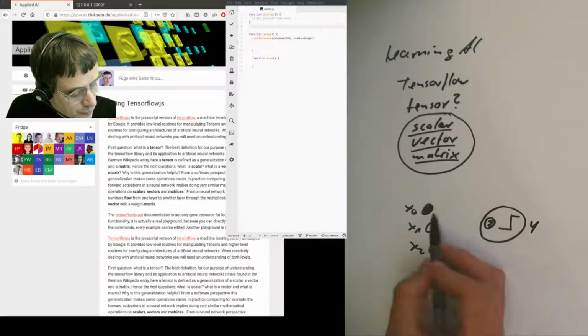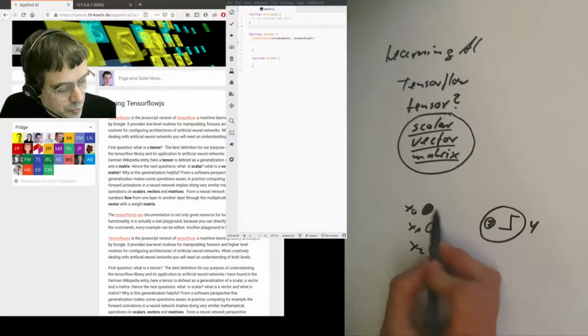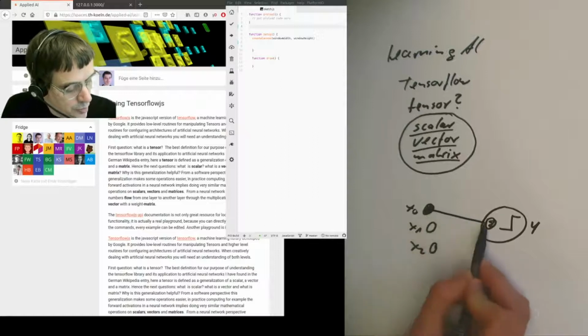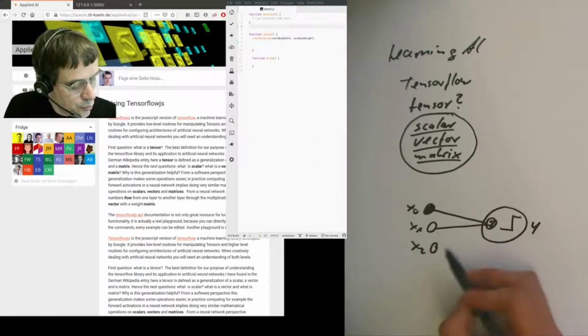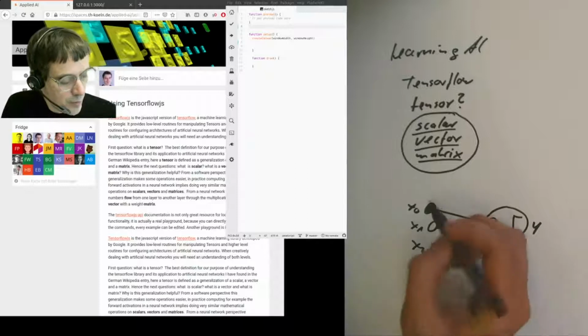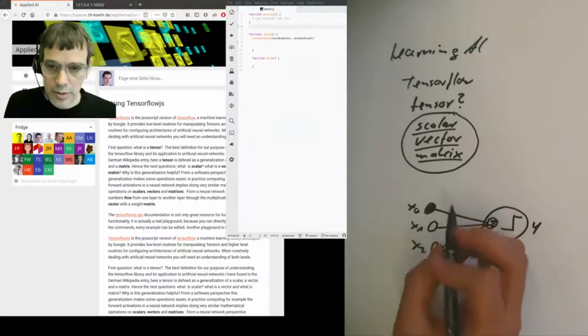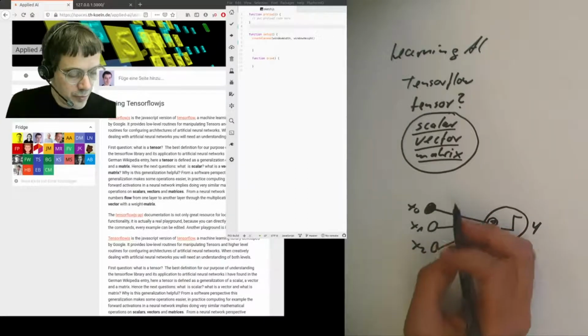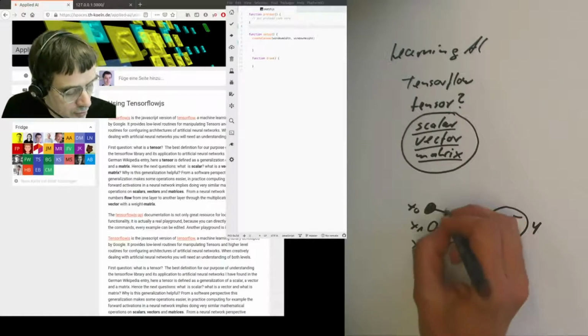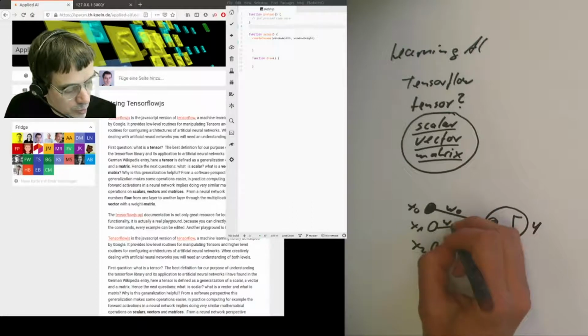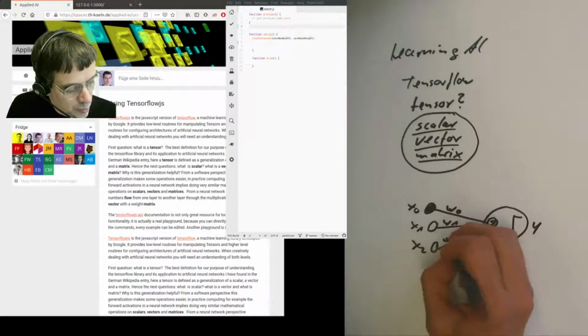Each input node connects to the output through a weighted connection. The number behind that weighted connection is the weight. So we have weight 0, weight 1, and weight 2.